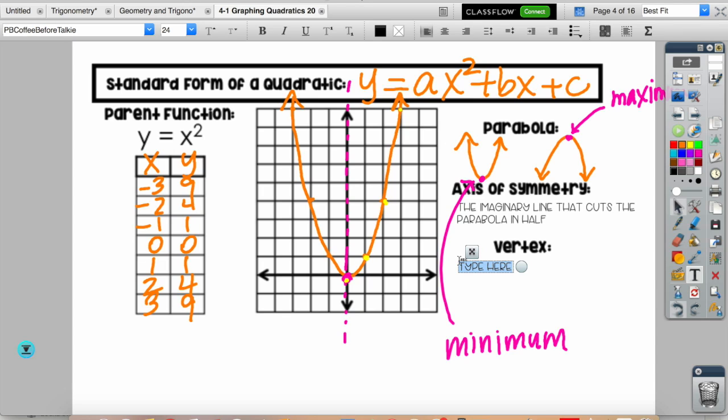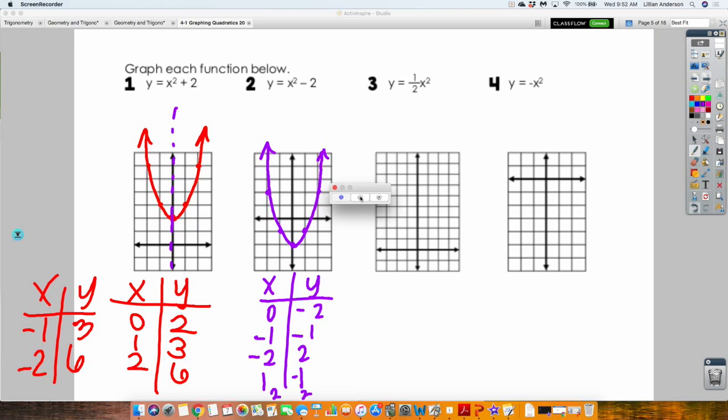It's basically an imaginary line that splits the quadratic in half. Lastly, it's also going to have a vertex. The vertex is a point on the parabola that's either the lowest point or the highest point on the graph, okay? Let's graph each one of these functions.